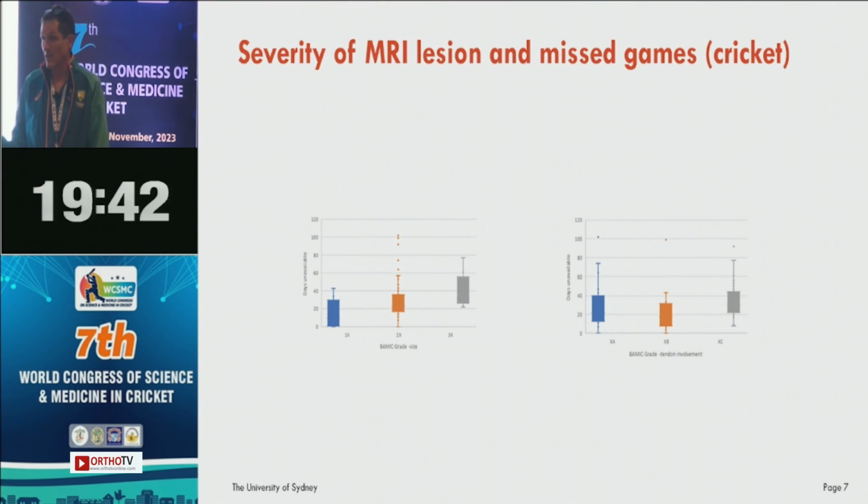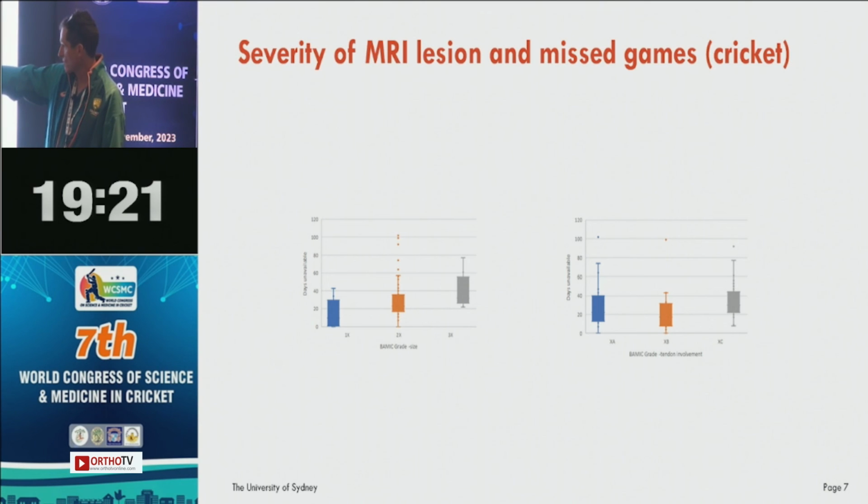Very similar to the other sports, the correlation is weak, but it's there. Other factors are also important, because there wasn't a super strong correlation between MRI severity and time missed, but in particular the grade of hamstring was more important.